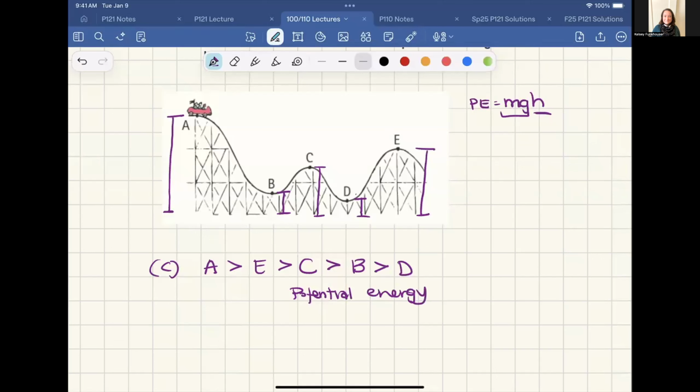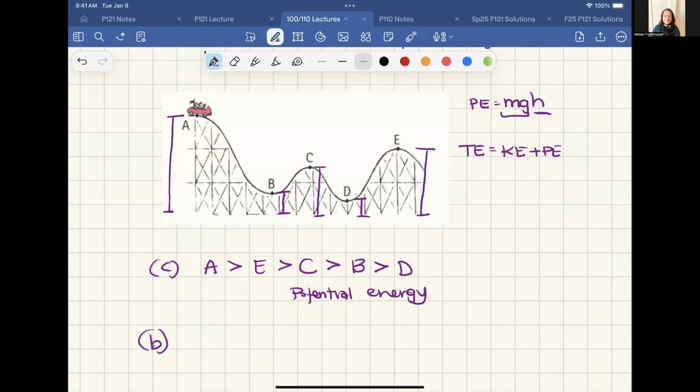Okay, we'll do B first. So what do we know about the kinetic energy in relation to the potential energy? Well, it's kind of like they split it up, because the total energy is the kinetic energy plus the potential energy.